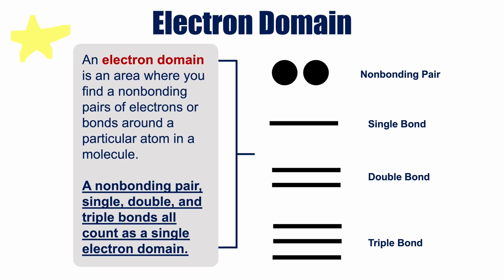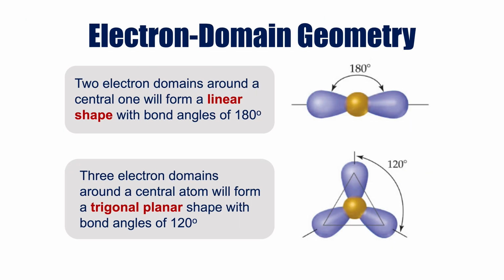A key part of the lesson today is understanding what an electron domain is. An electron domain is any place where you would find electrons around a particular atom that you're analyzing. So a non-bonding pair, a single bond, double bond, and a triple bond all count as being a single electron domain. You're going to analyze a central atom to determine how many electron domains are around it.